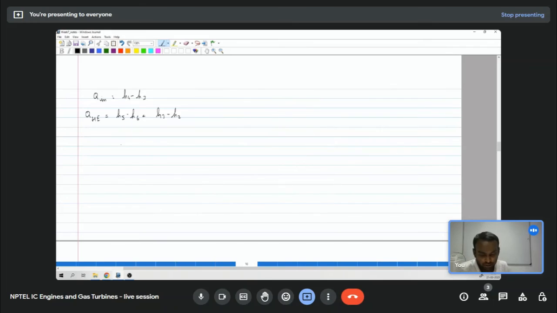So writing this in terms of temperature, we have T5 minus T6 is equal to T3 minus T2. So 2T3 is equal to T5 plus T2. So T3 is T5 plus T2 by 2.